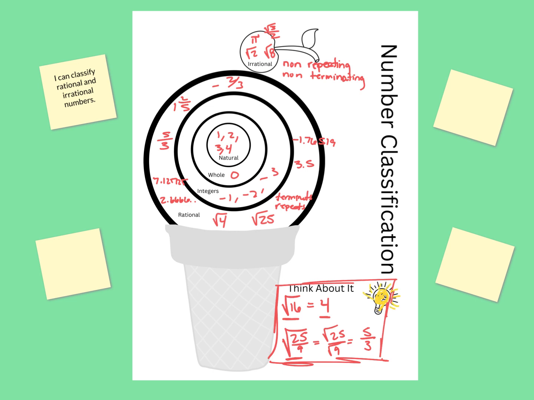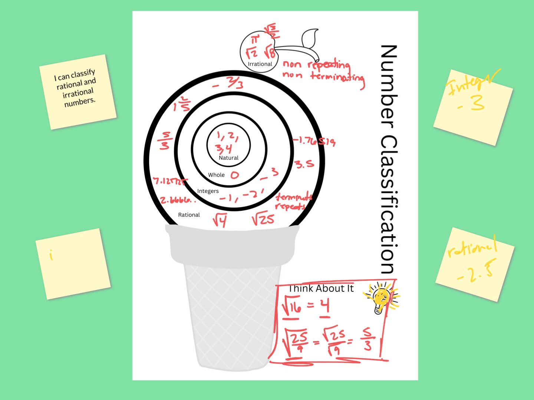And then we should also be able to name these. So if, for example, you were asked, give an example of an integer, say -3. If you were asked, give an example of a rational number, I could say -2.5.